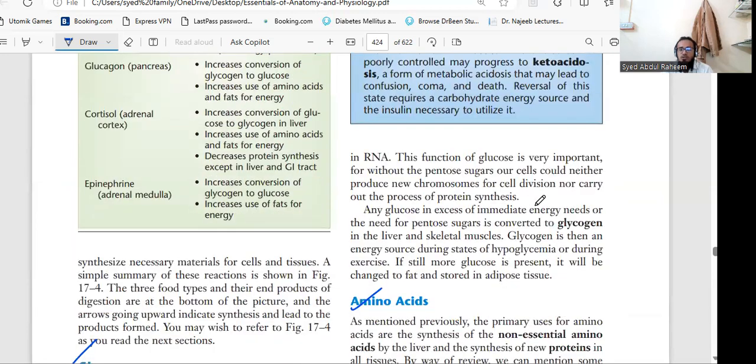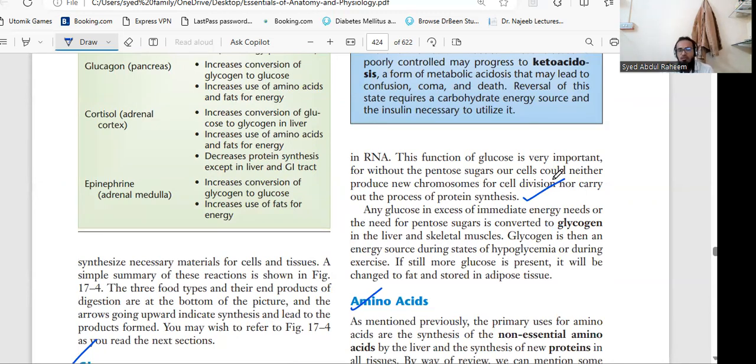The function of glucose is very important, for without the pentose sugar, our cells could neither produce new chromosomes for cell division nor carry out the process of protein synthesis. So glucose is also required for cell division, not only for ATP energy purposes.